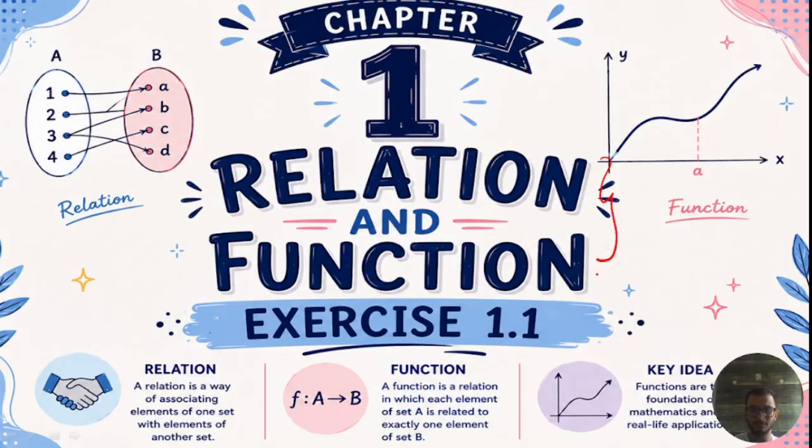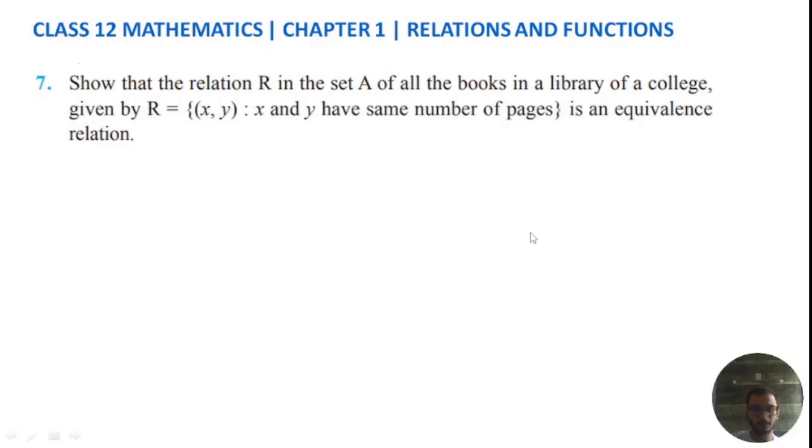So in this video we will do more questions from exercise 1.1. Till the last video we had covered up to question 6. So let's start with question 7. So what is question 7?